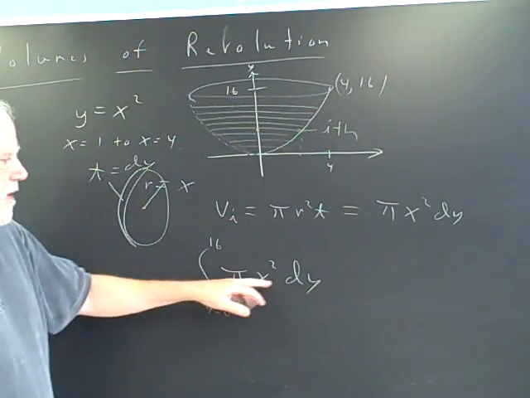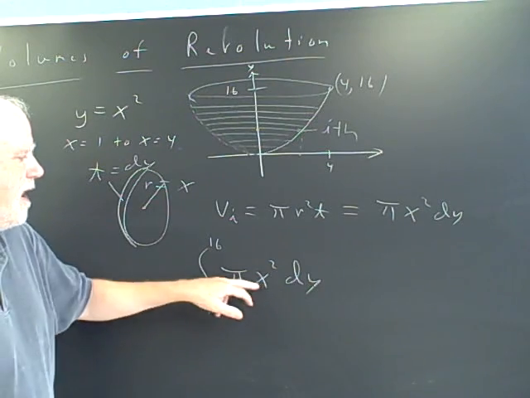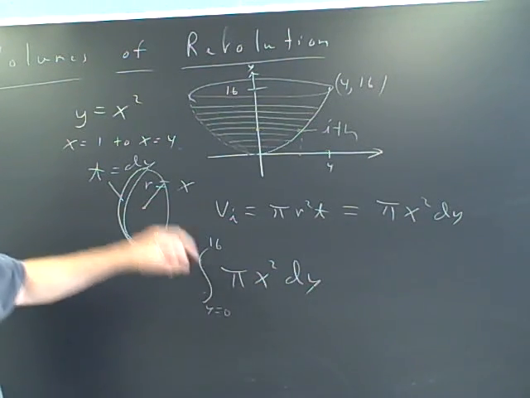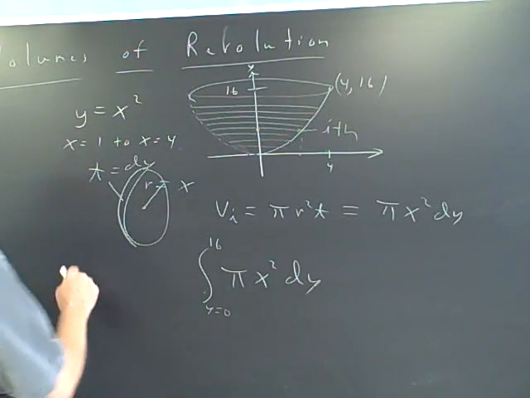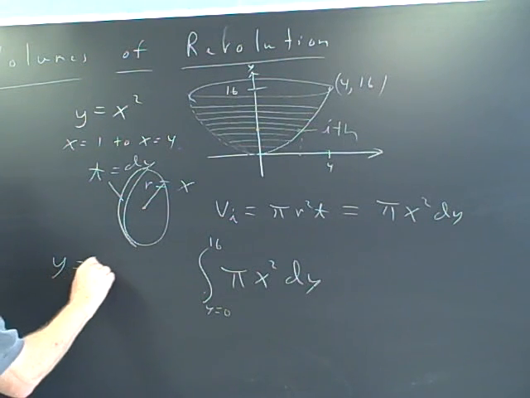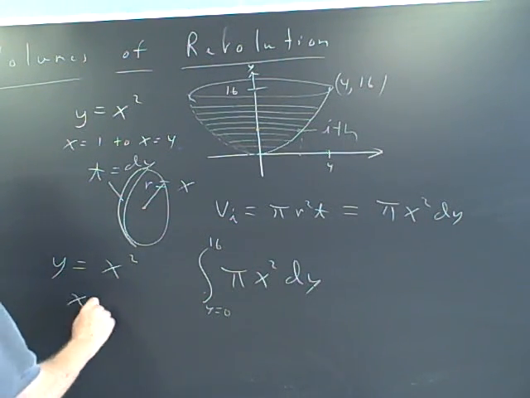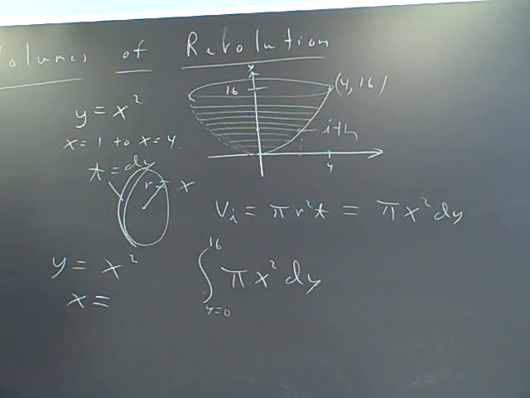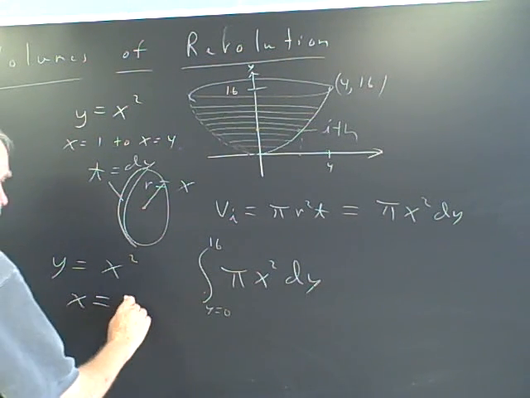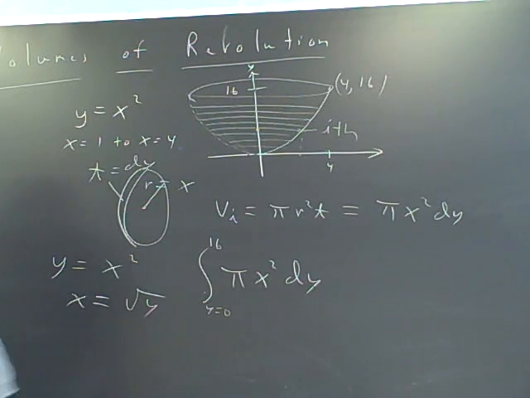Now we have the problem that we're integrating with respect to y, and we have an x in there. But that's okay because y equals x squared, so I find the inverse and solve for x. x equals the square root of y, plus or minus, but we're only looking at the plus part here, so it's the positive square root of y.